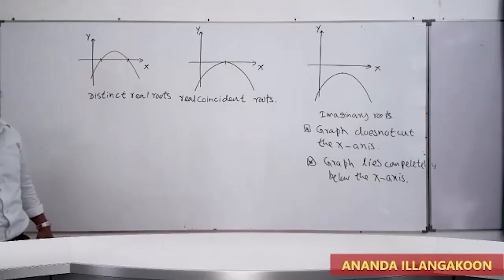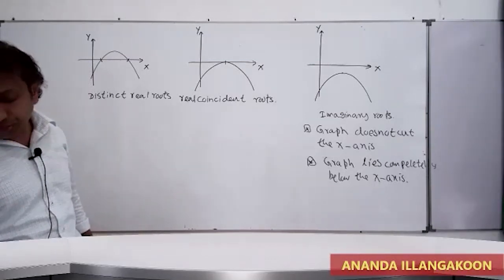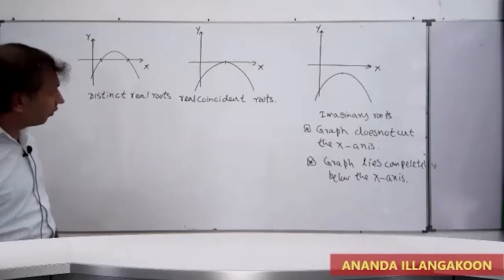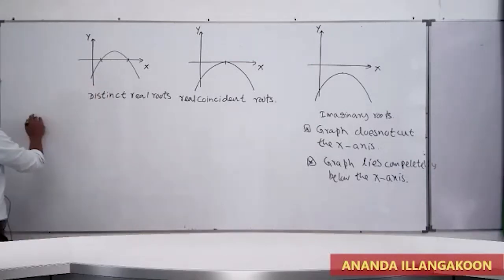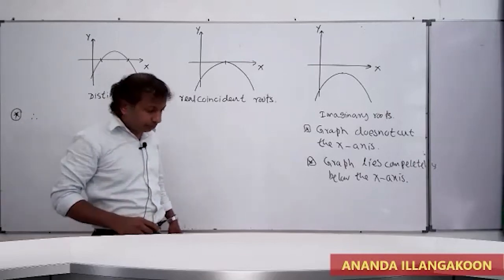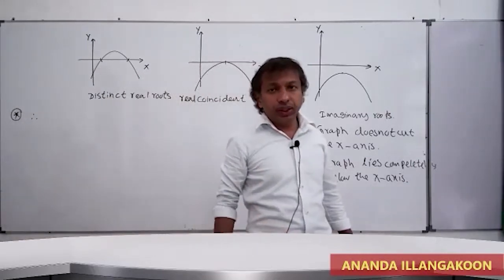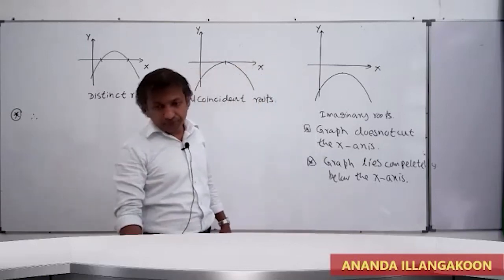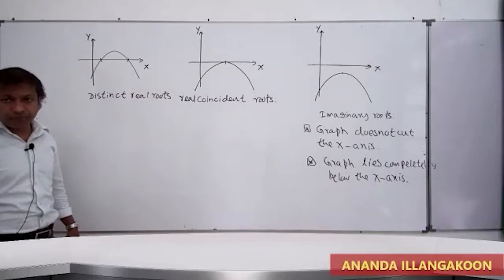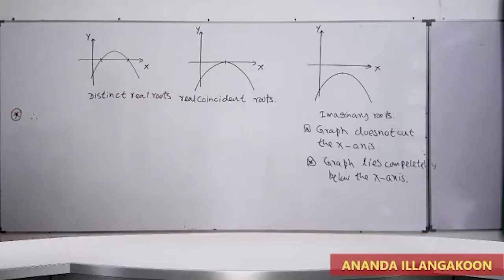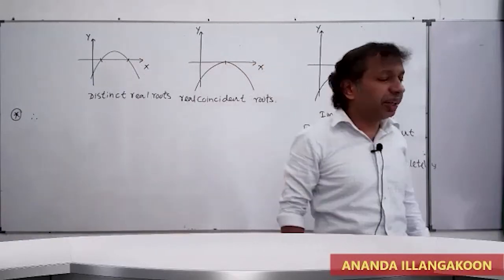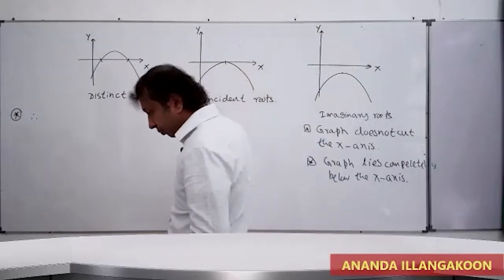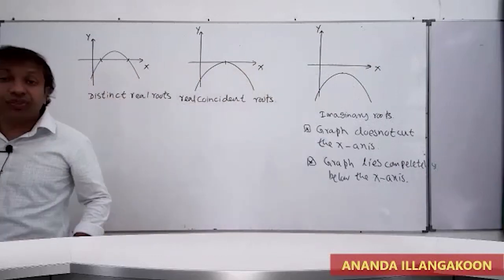People write down, putting a star mark: a quadratic graph can have its roots in 3 forms.